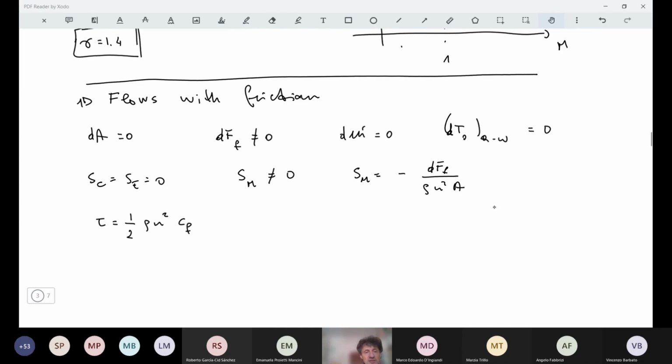So this is the friction force per unit area, and the overall friction force, assuming it positive, so dF is also a positive quantity, will be tau by the wet surface, that for a length dx will be the perimeter of the cross section by dx. So this will be the perimeter.